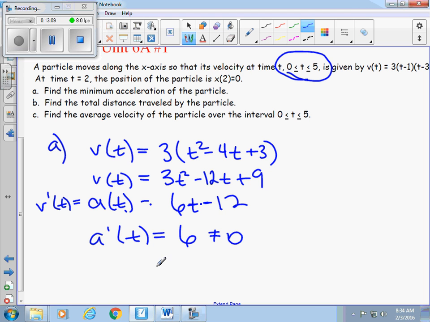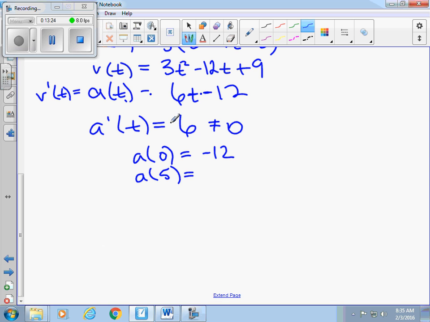Since there are no critical points, it's either at 0 or at 5. So I'm going to find the acceleration at time 0 and the acceleration at time 5. You could probably tell at this point, since the acceleration is positive, that it's going to happen at the first point, not the second one, but we'll find it just for fun. 30 minus 12.